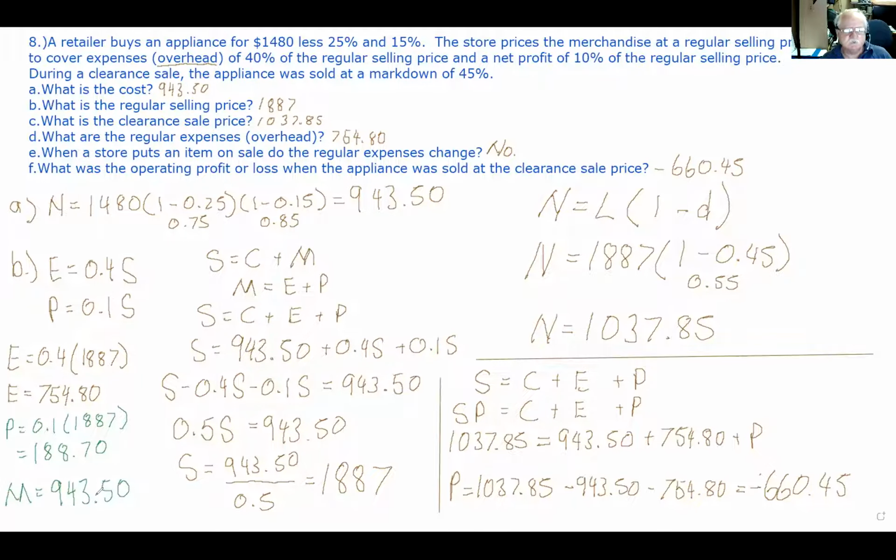Does that make sense? That's the markup they wanted. But when they put this thing on sale at 45% off, they're now, in fact, making a loss from what they wanted to make of $660.